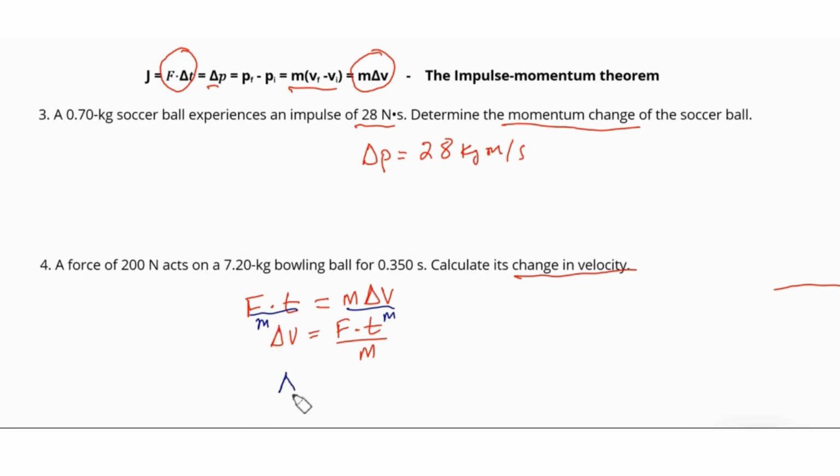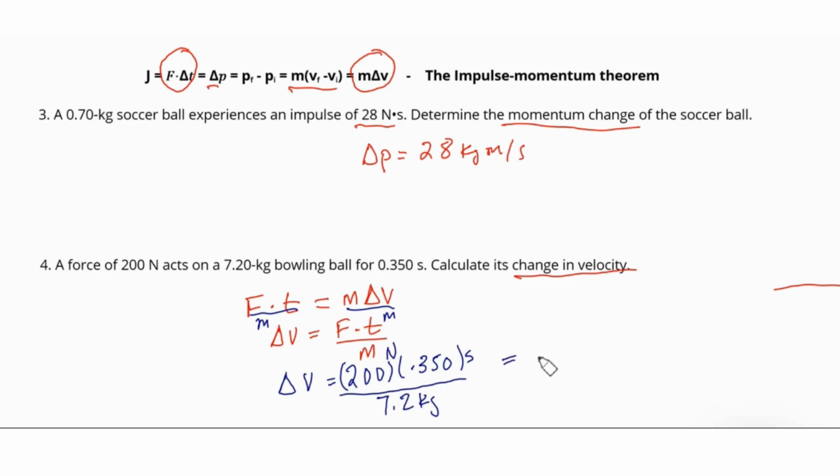All I did here was divide both of these by M. So then delta V is going to be the force, which is 200, times the time, which is 0.350, divided by the mass, which is 7.2 kg. Again, our units always work out. This here is newtons. This here is seconds.